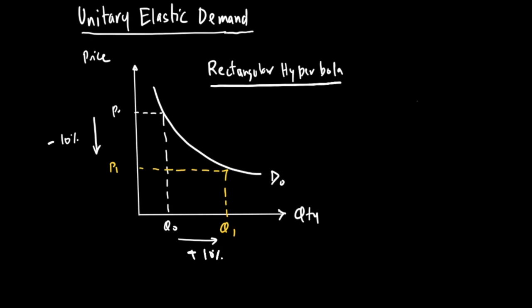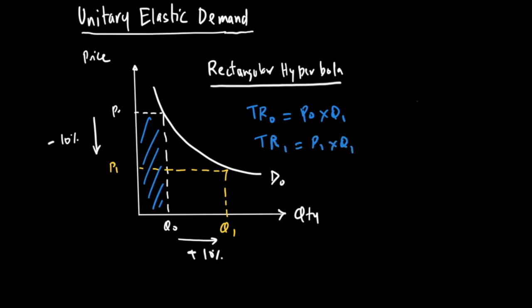So price goes down, the quantity demanded will go up by that same percentage. Price goes up, quantity demanded will go down by the same percentage. Hence, what we say is that this P naught times Q naught, which is the total revenue when the price is P naught, will be equal to TR1, which is P1 times Q1.